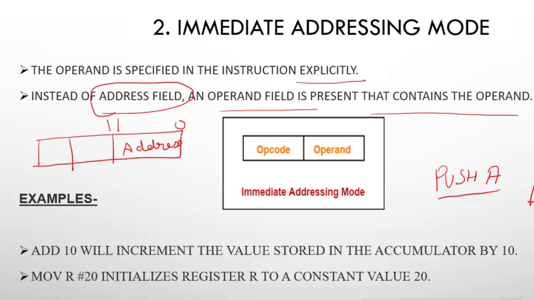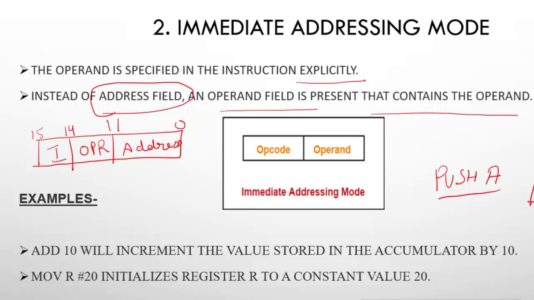So then bits 12 to 14, that means 3 bits, are reserved for the operation, or you can say opcode. The last bit, 15, is used to store the addressing mode.